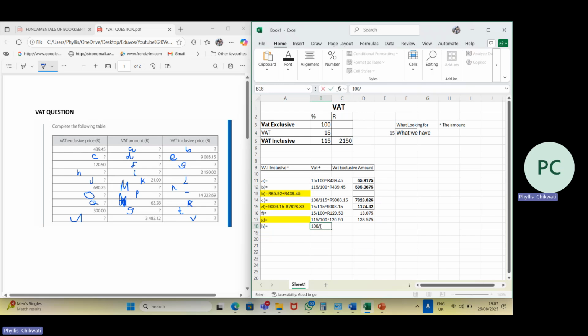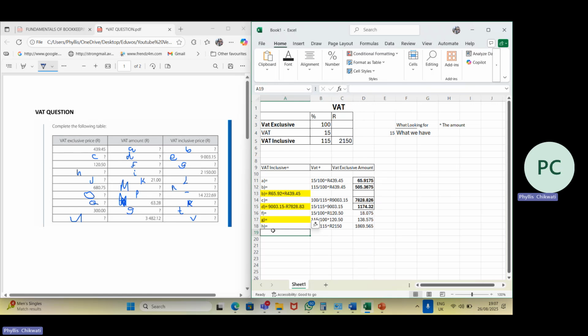It's going to be 100 over 115 times 2150. Equal to your 100 divided by 115 times 2150. So that gives us 1869.50.